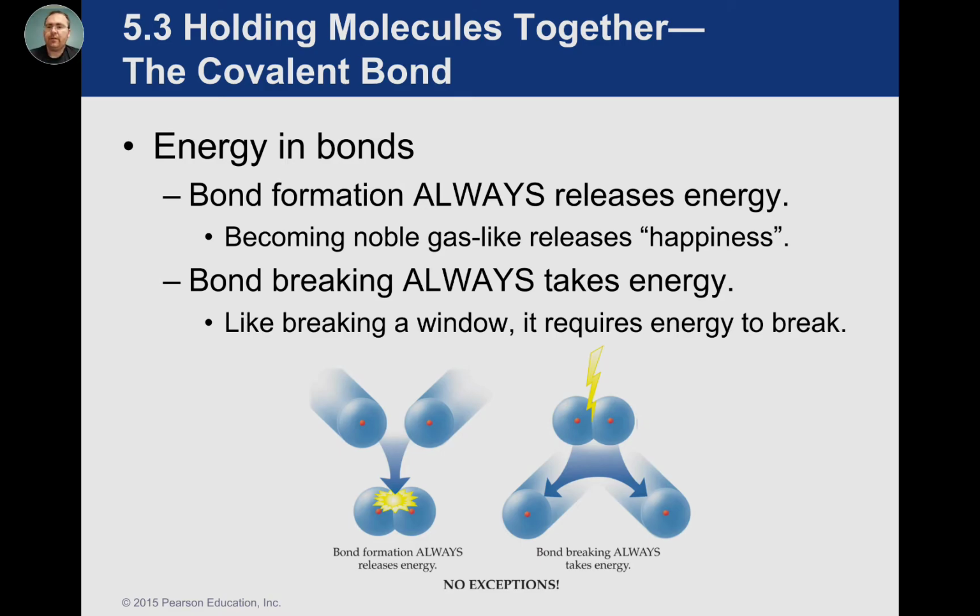Another uniqueness about covalent bonds is it always releases energy when bonds are formed. You can imagine that it's kind of like getting married for hopefully the first and the only time. When you get married, you're coming together and you're joining. And as you're joining, that release of happiness, that smile on your face, that first day of being married, should be a good thing. And it's released into the world as happiness.